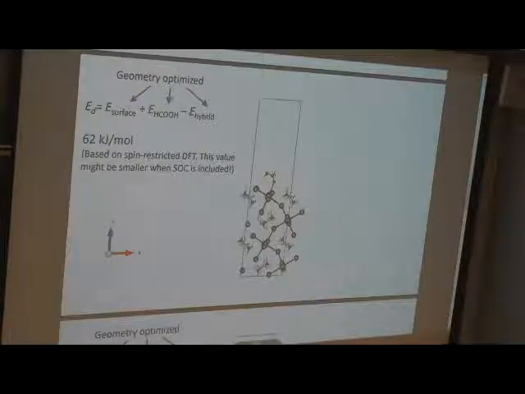Yes. And what's your definition of binding energy compared to the definition by Aaron? Positive binding means it does bind. It's energetically favorable. The larger the number, the stronger the binding. Okay. That looks pretty large from my test. I don't know what desorption temperature that would be, much higher, I'm afraid. 62 kJ per mole.